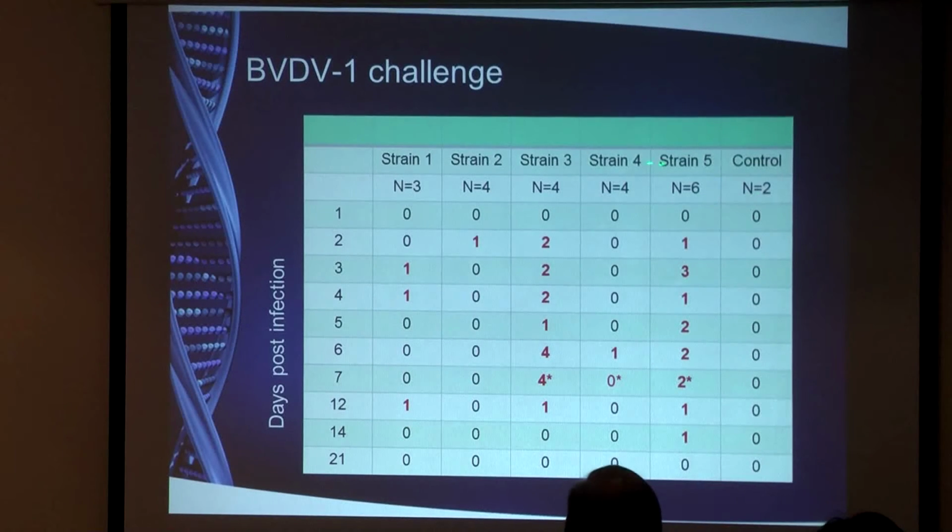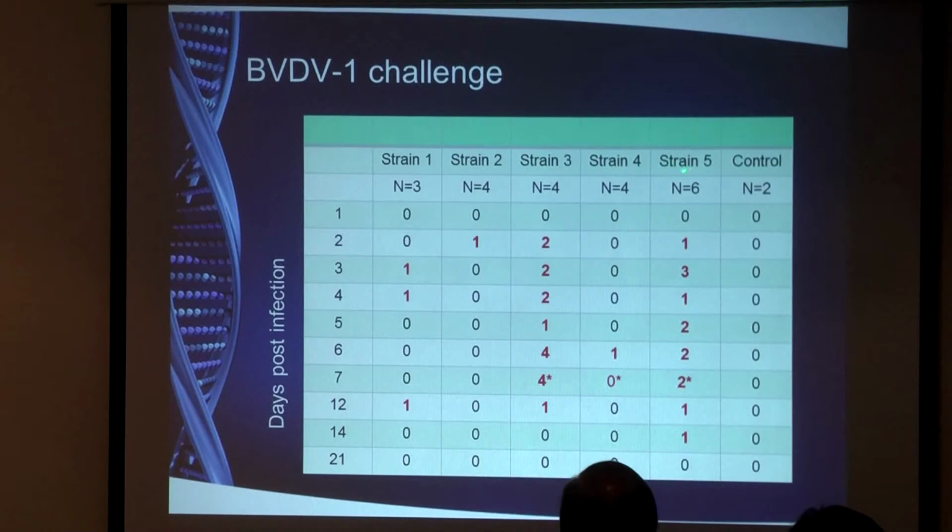And as you can see here, the one thing is, it is very variable. So this is the strain we used in our first trial. So we see the virus every now and again. So this is only in nasal swabs. This virus here, which was highly recommended to us, we hardly see anything at all.